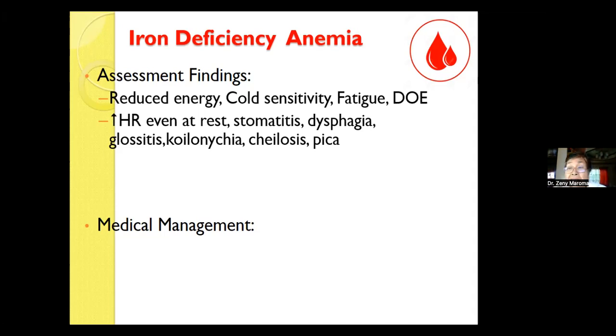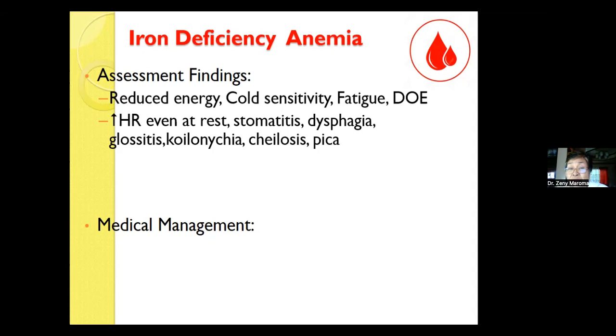Stomatitis is inflammation of the oral mucosal membrane. Dysphagia, there's difficulty of swallowing because with severe type of IDA, there is web-like growth of membranes in the throat. Kaya mahirapan siyang lumulon.